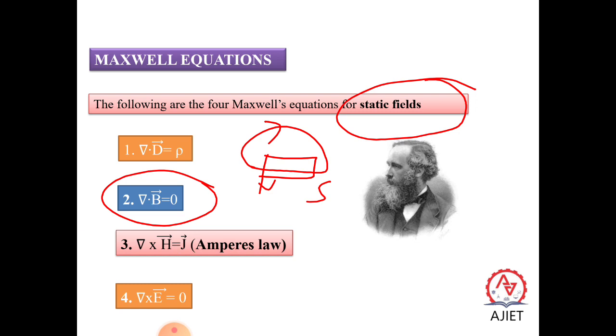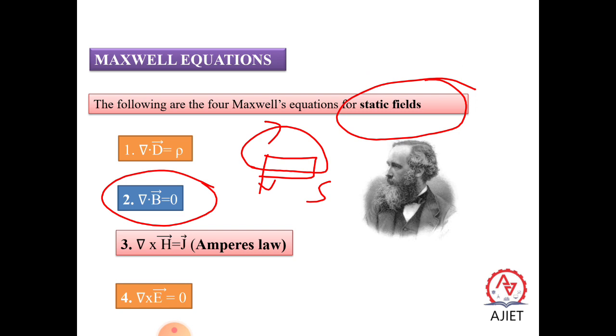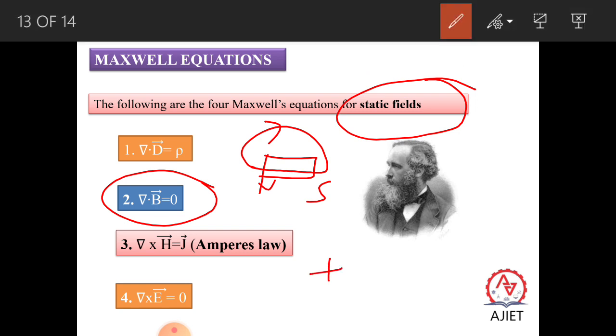As I told, curl represents only a closed-loop quantity. For positive and negative charges, the electric field comes out of the positive charge, so it forms an open loop. So the curl always represents a closed quantity like the magnetic field, and the divergence always represents an open quantity like the electric field.